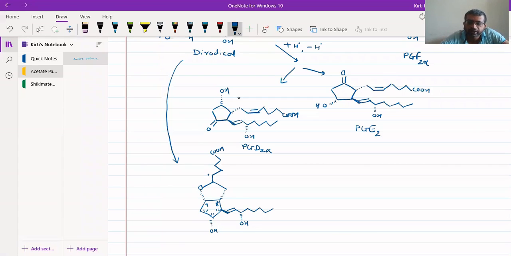Now this radical can take up a hydrogen atom from here, so that a double bond will be generated. It will be loss of hydrogen atom, and we will have double bond here.